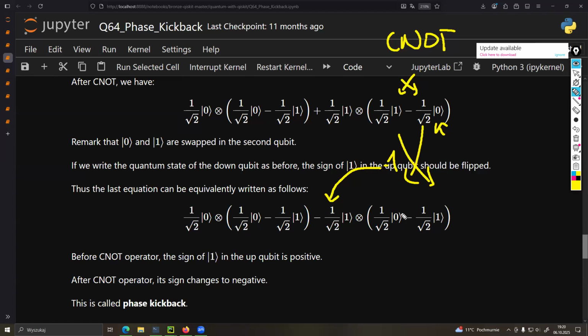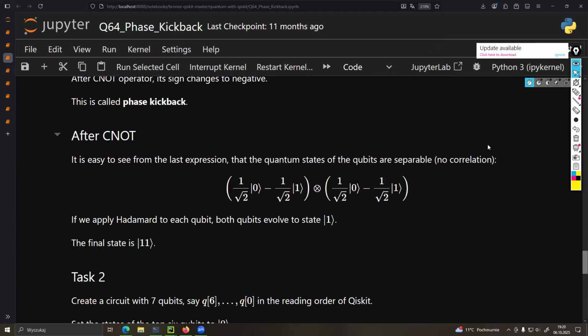And now, when I tensor this, when I go back to the previous representation of the tensor product, look what happened. I had previously a plus sign.